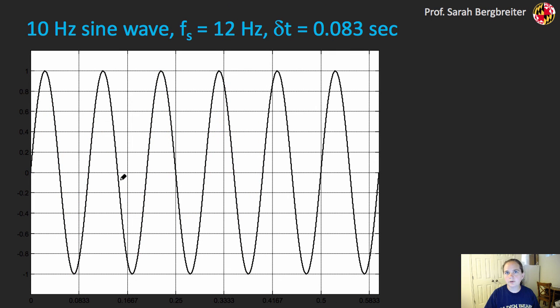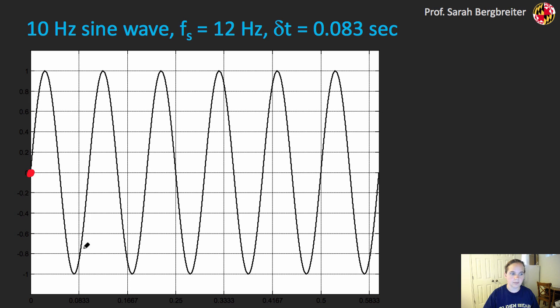Okay, but now let's slow it down even further. Now instead of every 37 milliseconds, or every 10 milliseconds as I did at 100 Hertz, I'm going to sample every 83 milliseconds. That corresponds to a sampling frequency of 12 Hertz. And remember, this is originally just a 10 Hertz sine wave, so I'm sampling very close to the original frequency here. These vertical lines now represent sampling the 10 Hertz signal every 83 milliseconds.